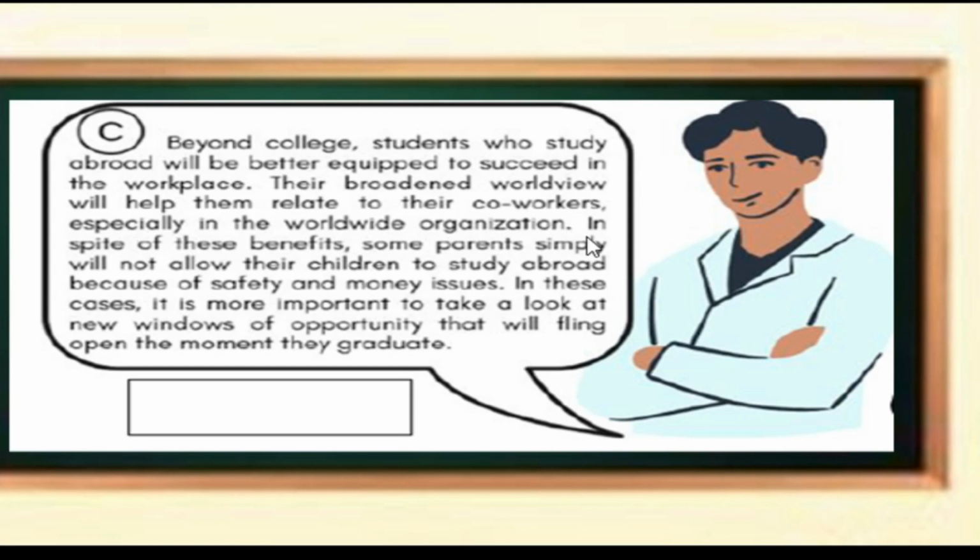And then he has a counter argument: some parents simply will not allow their children to study abroad because of safety and money issues. And then he rebuts on this. He said, in these cases, it is more important to take a look at new windows of opportunity. So that makes this an example of an argumentative text.